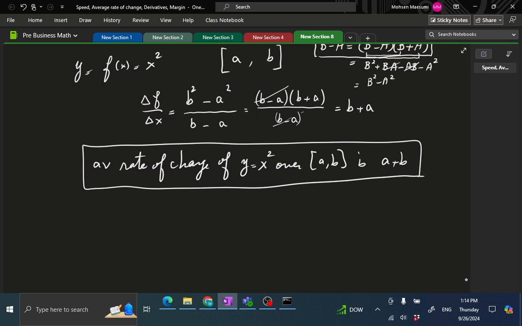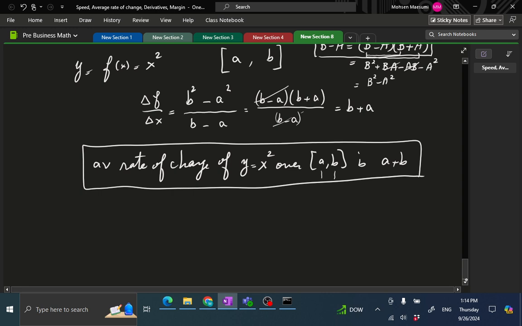Now we go for the next level up. Instead of average rate of change, we have something called instantaneous rate of change. Instantaneous means, what if A and B are very close to each other? Let me explain it like that.